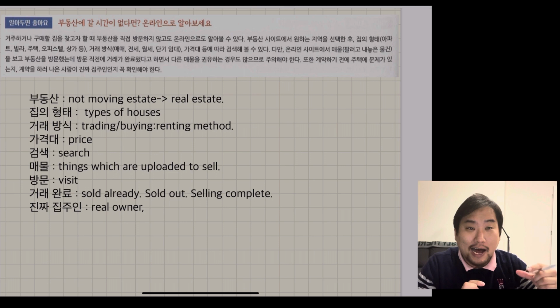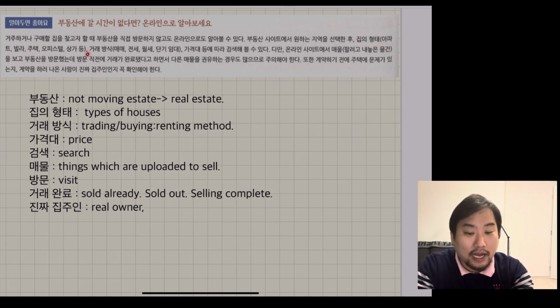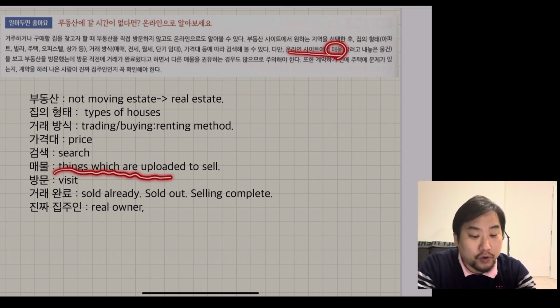You can sort it out by the type of house, type of trading and the price by searching. 다만, but 온라인 사이트에서 매물. So in the online site, 매물 means things which are uploaded to sell.